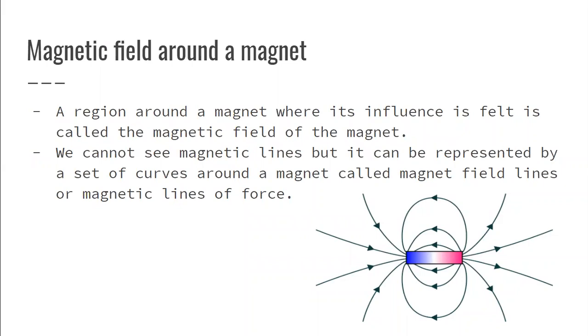Now, how did we come to the conclusion that these kinds of magnetic lines are present in a magnetic field? You can do a very simple activity at your place. Take a bar magnet or any magnet you have, place a plain A4 sheet above it, and on top of that place very fine iron particles.